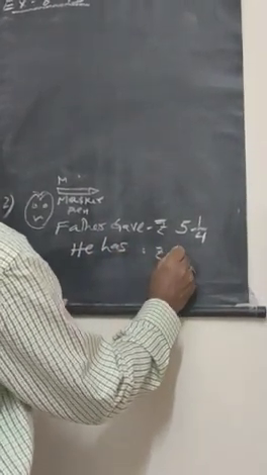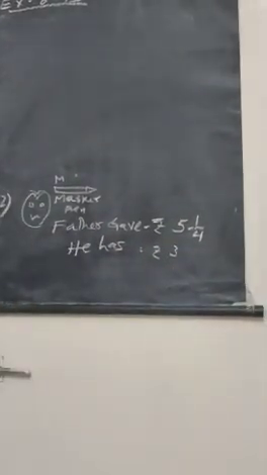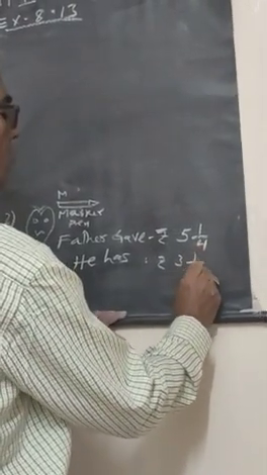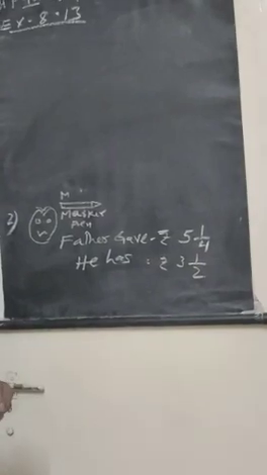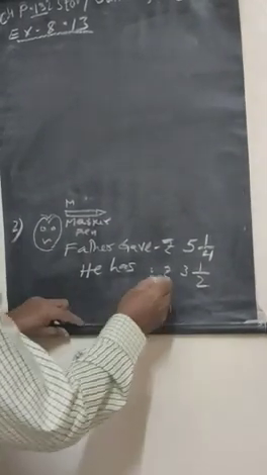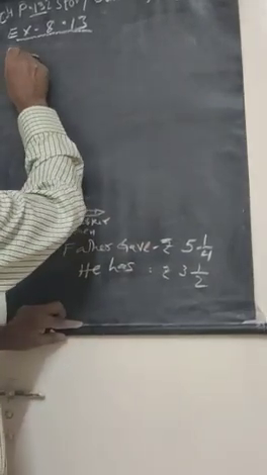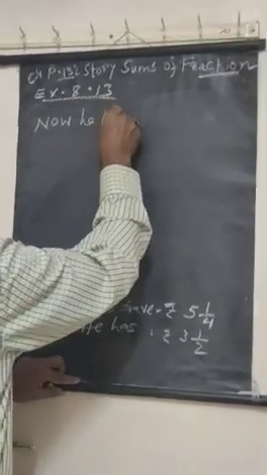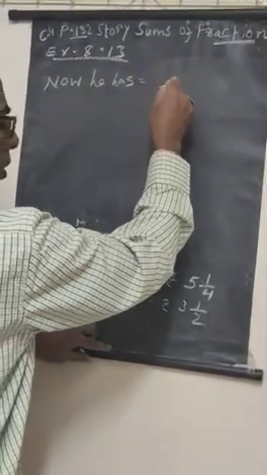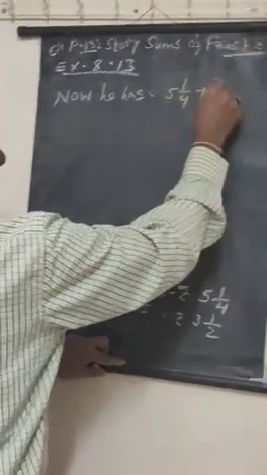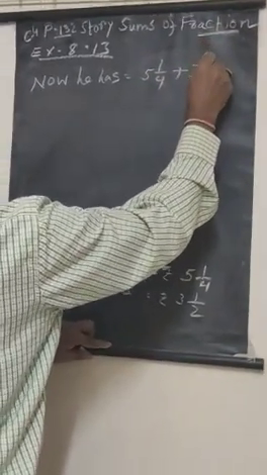Rupees 3 integer 1 by 2, right? Just now I explained that more means addition. So this is the language you have to find. Now he has 5 integer 1 by 4 plus 3 integer 1 by 2.